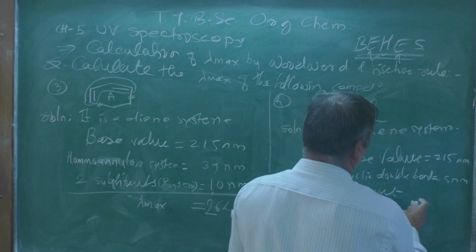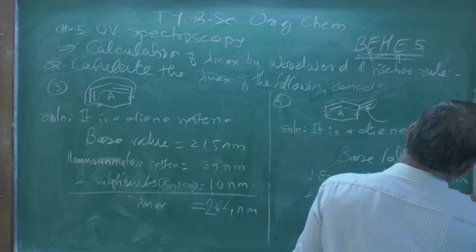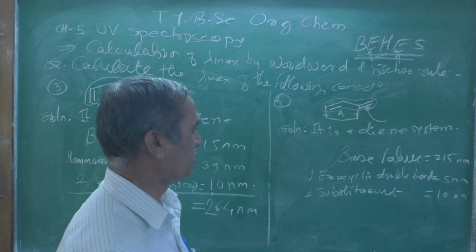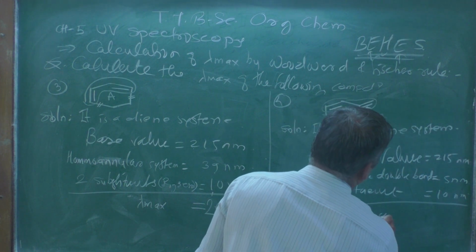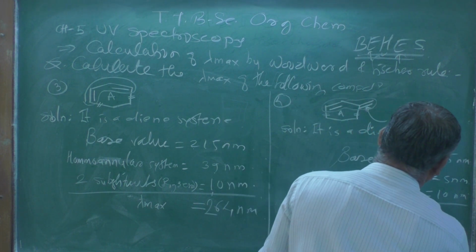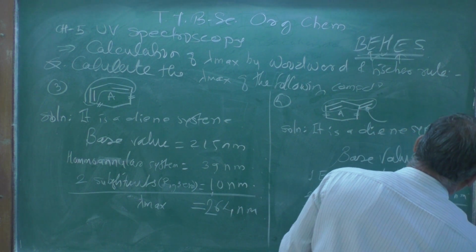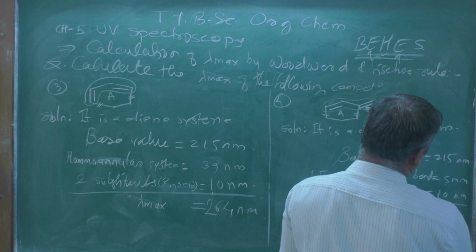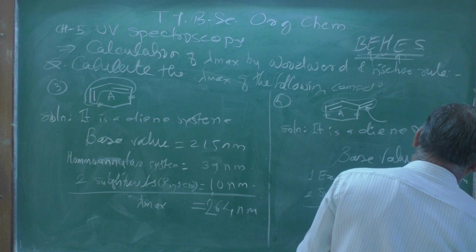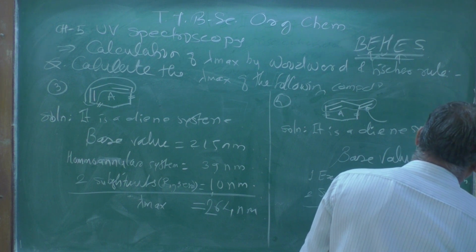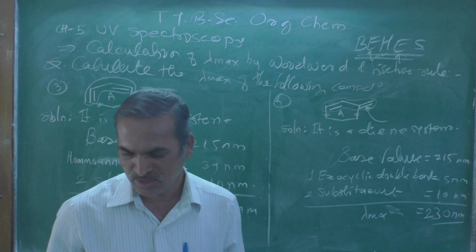If 2 substituents are there, then 2 into 5 becomes 10 nanometer. So now you can write it down like this. Lambda max is equal to 250 plus 5 plus 10, which is 265 nanometer. So this is the answer of this question.